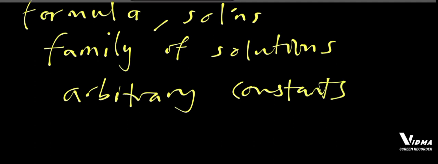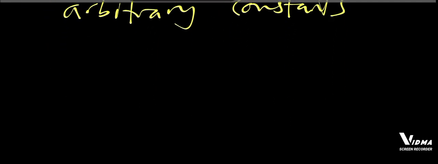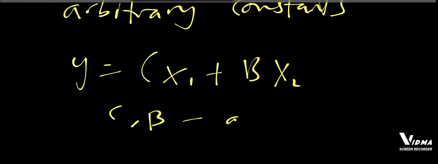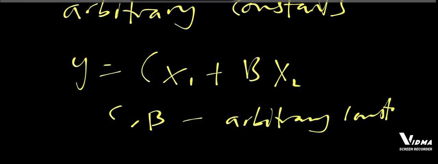So let's say I write something like y is equal to c x1 plus b x2. So c and b are my arbitrary constants. Okay, so it means different values of c and b are going to give me different solutions. So that gives us the name of a family of solutions.